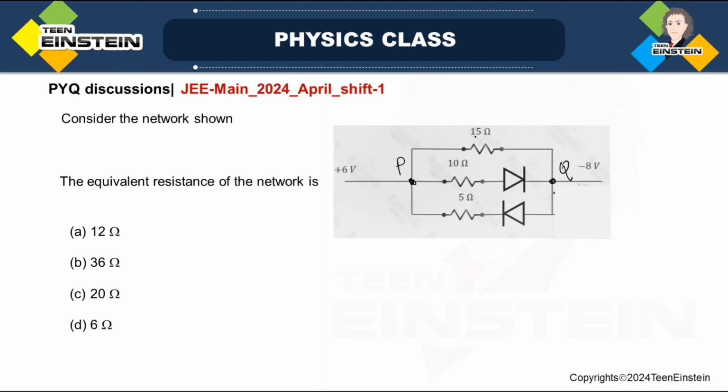You look, this branch has 15 ohm. This has 10 ohm resistance along with the resistance of the diode. And in this last branch, there is 5 ohm resistance along with the resistance of the ideal diode.